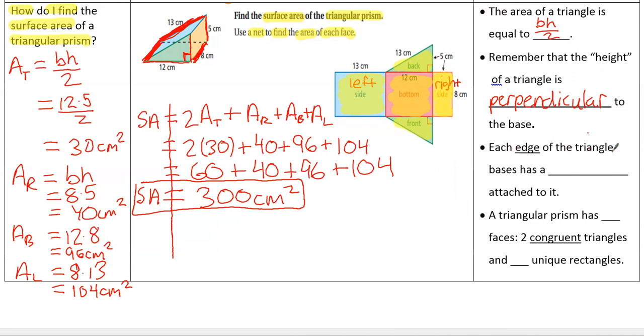Each edge of the triangle bases has a blank attached to it. The bottom is attached to the bottom rectangle, this side of the triangle, this green triangle, is attached to this rectangle, and this side of the triangle is attached to this blue rectangle. So each edge of the triangular base has a rectangle attached to it.